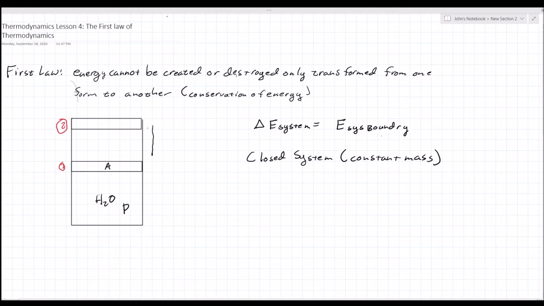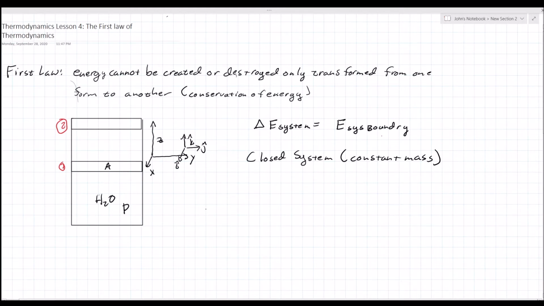So if you remember from coordinates, X, Y, Z, I have my k hat, j hat, i hat.